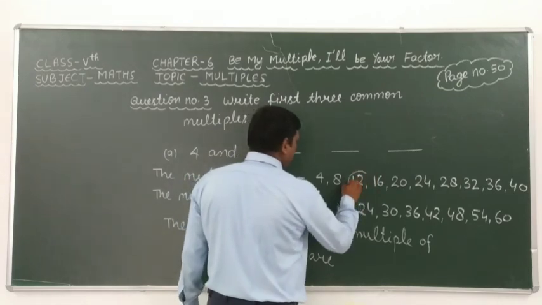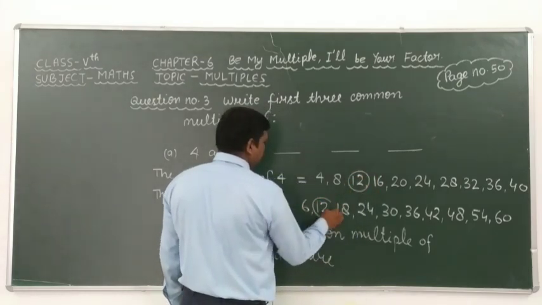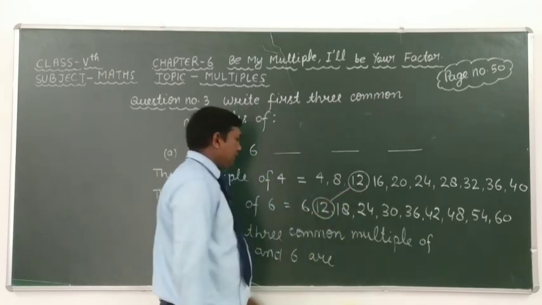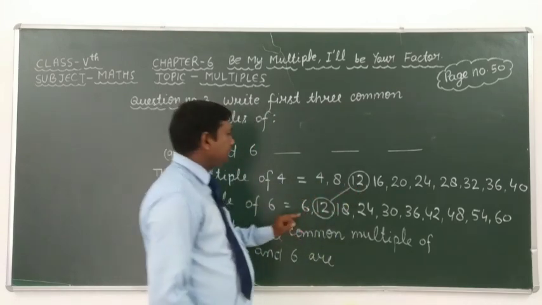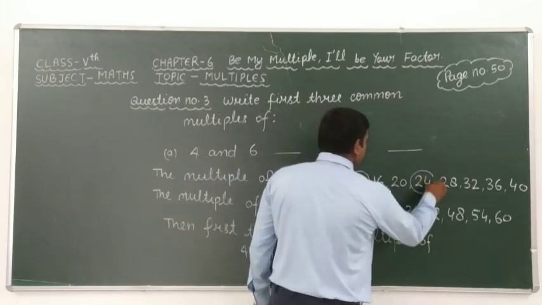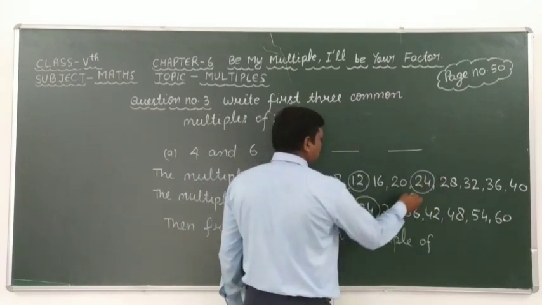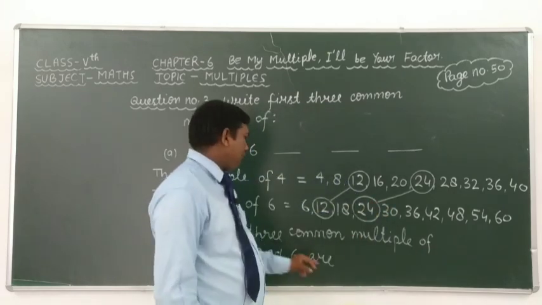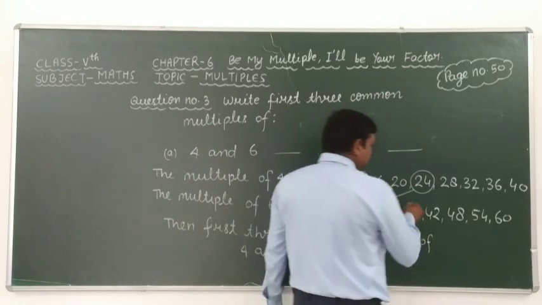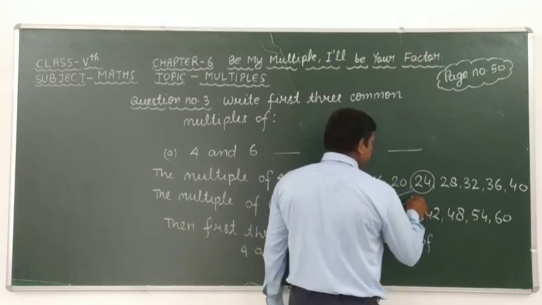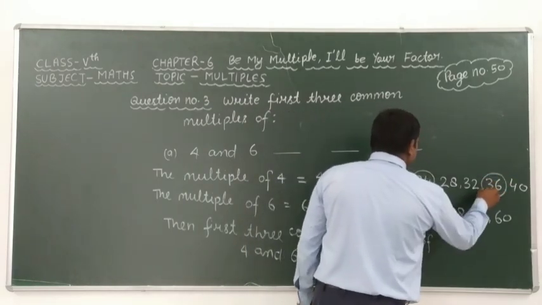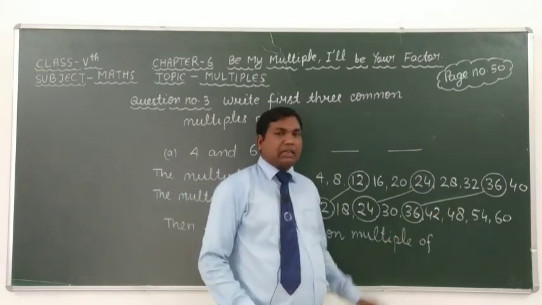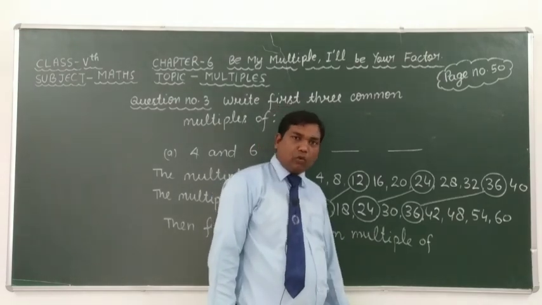Here given that 12 and here given that 12. Therefore, here we get 12 is a common multiple of 4 and 6. Okay. Similarly, here we get 24 and here 24. Therefore, we say that 24 is a common multiple of 4 and 6. Okay. Similarly, here we get 36 and here we get 36. Therefore, we can say that 36 is a common multiple of 4 and 6.